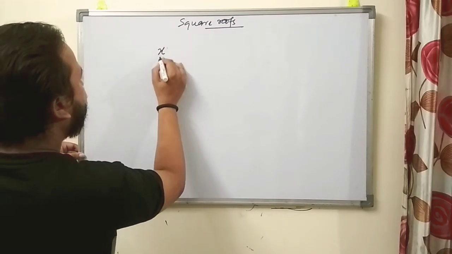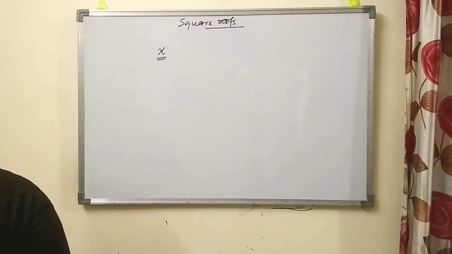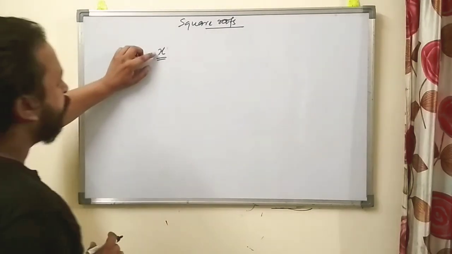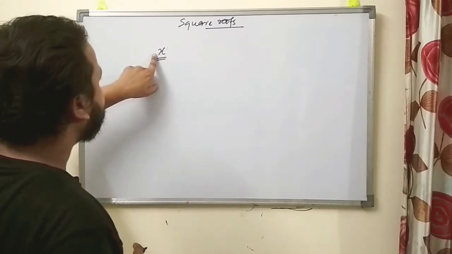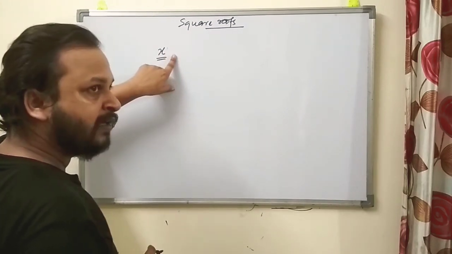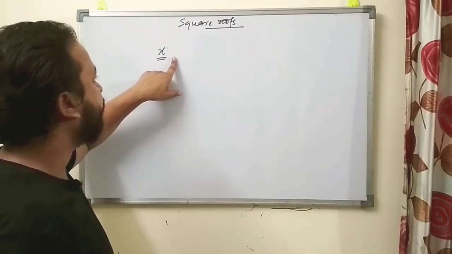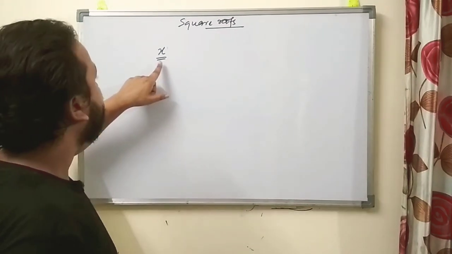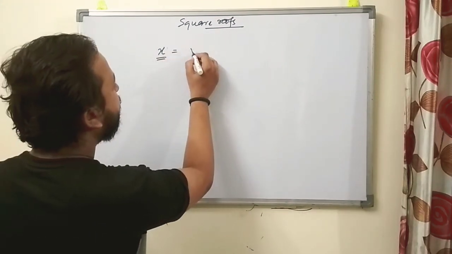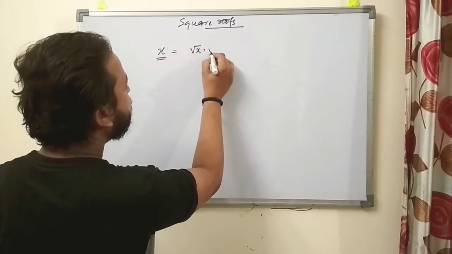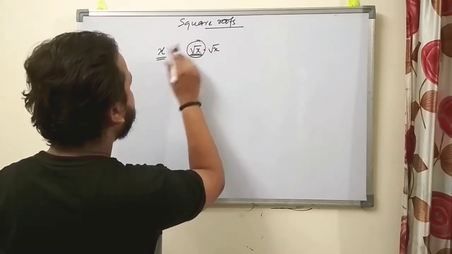Square root of any number: suppose the number is x and we have to find the square root of this number x. The square root of x is that number which, when multiplied by itself, gives x. That means root x into root x gives the number x.